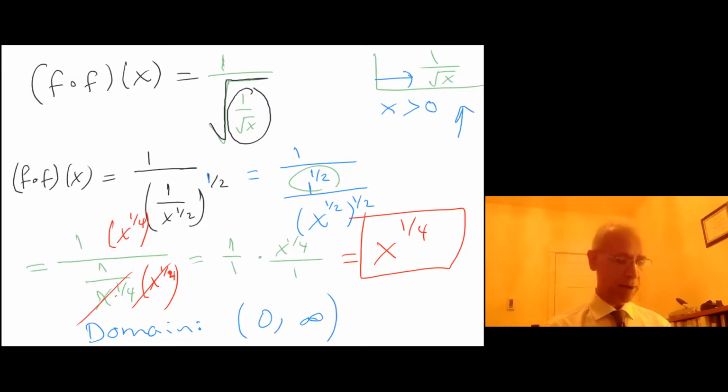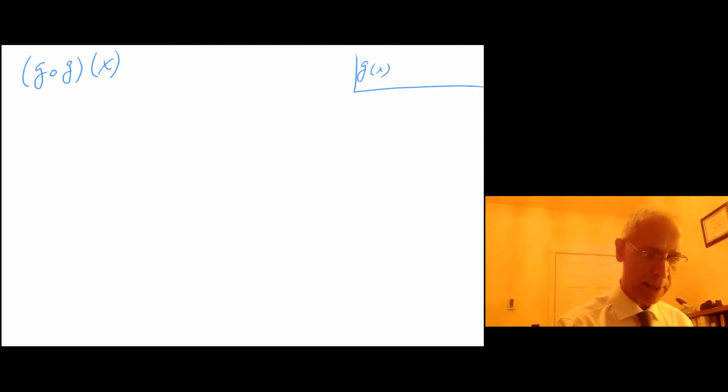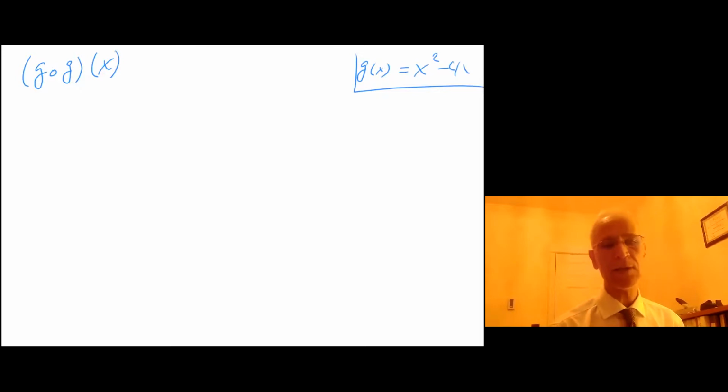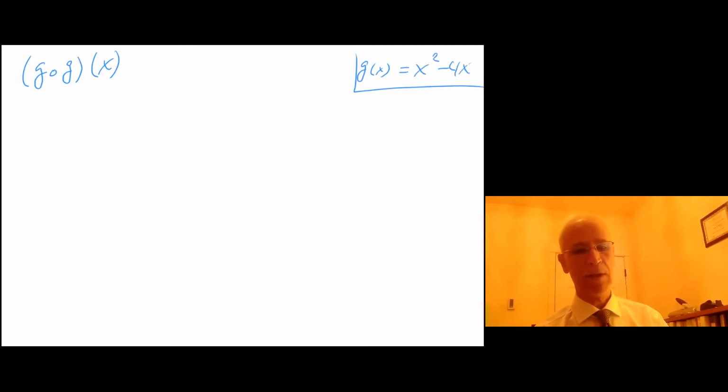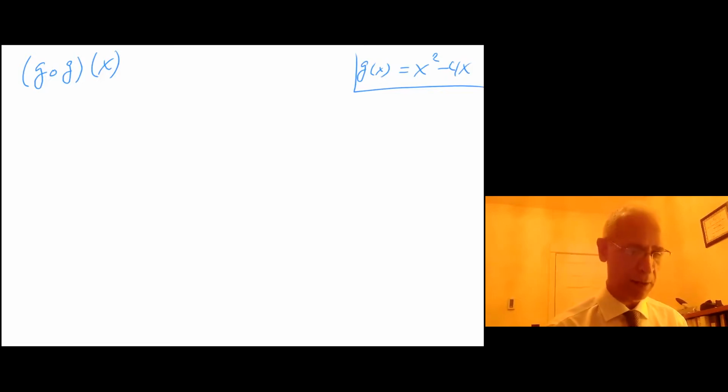Now let's do g of x. We know that g of x in the beginning, we said that g of x equals x squared minus 4x, and there was no restriction. The domain of any polynomial is all real numbers.